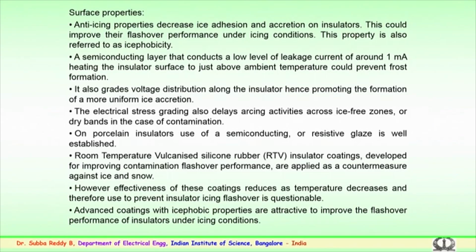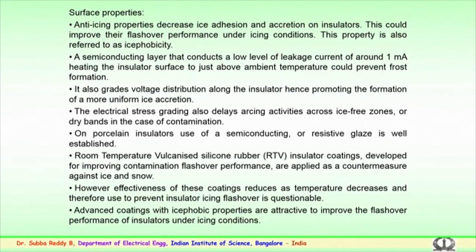Then come the room temperature vulcanized silicone rubber coatings, that is RTV coatings, as they are generally termed. These coatings are also used to improve the contamination flashover performance of insulators, and are applied as a countermeasure against ice and snow activity during winter conditions.